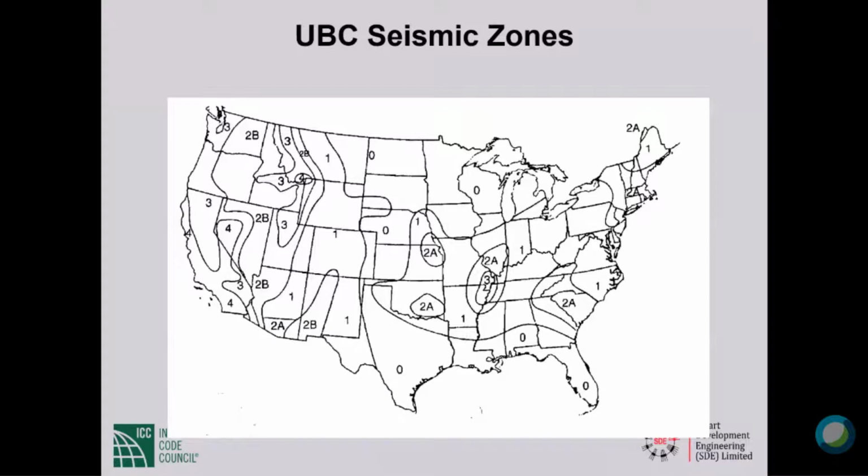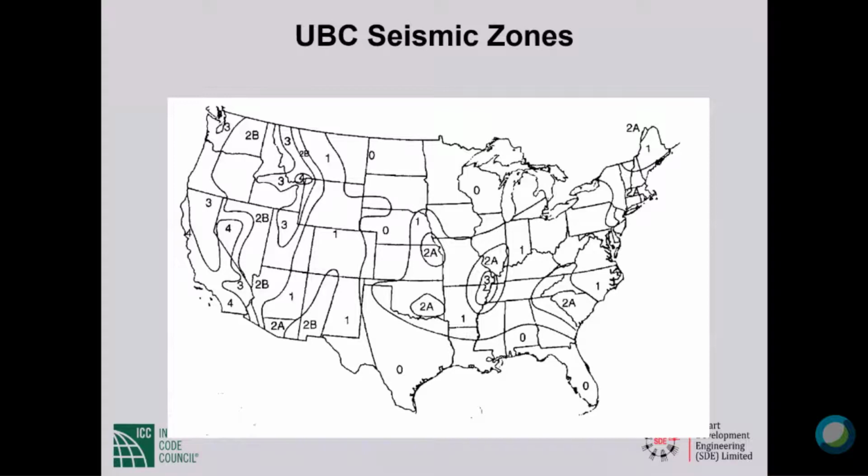In ASCE 7-05, where there are no seismic zones, what drives all those decisions? What tells us the level of detailing that we have to do? The answer is seismic design category. Very, very important term.